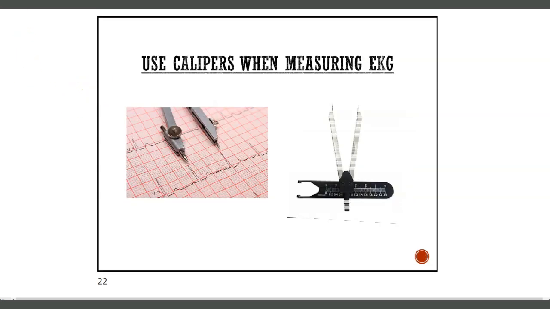When we're measuring the EKGs, we actually need calipers. This allows us to compare and trace and follow and to see any irregularities. It just makes it easier for us, especially since the paper is actually very small. So this just helps us keep track of where we're at and how we're measuring it. These are pictures of calipers.